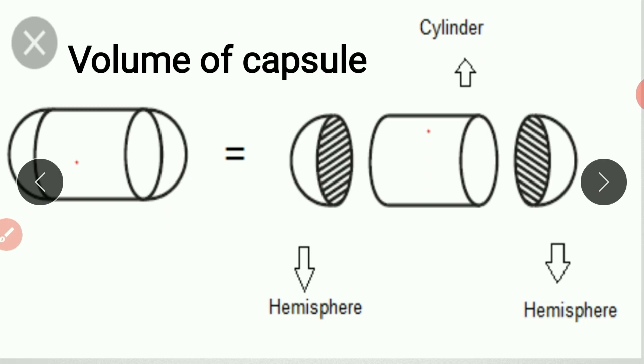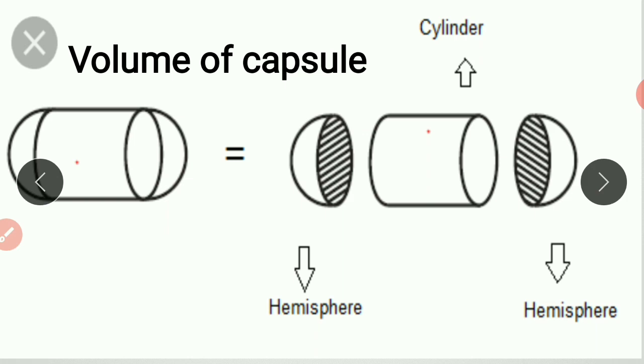To find the volume of capsule, we need to find the volume of cylinder and two hemispheres, or we can take one sphere. After finding the volumes of these three parts, we just need to add, then we will get the volume of capsule. This is the process to find the volume of capsule.